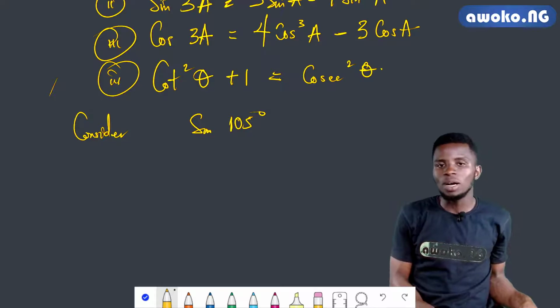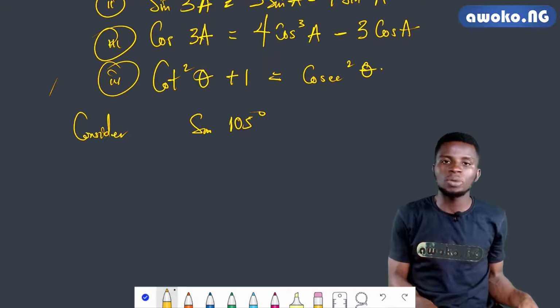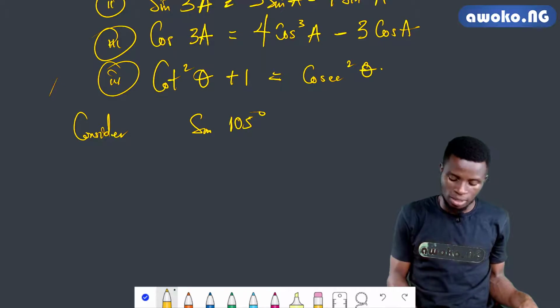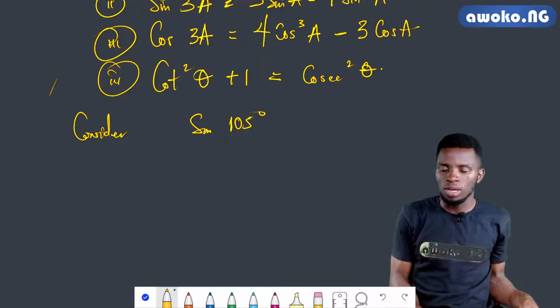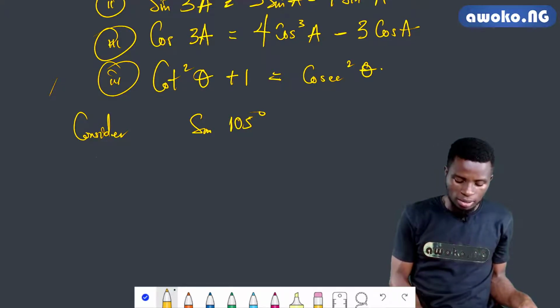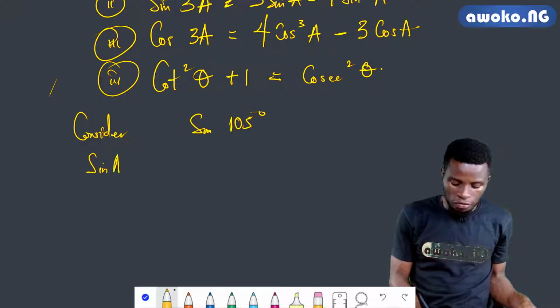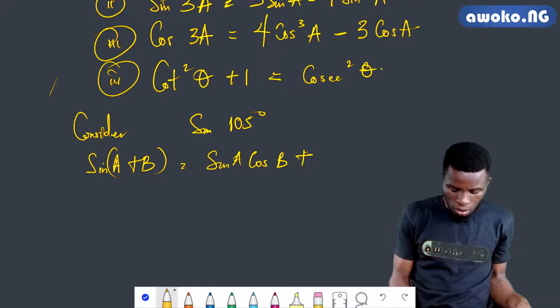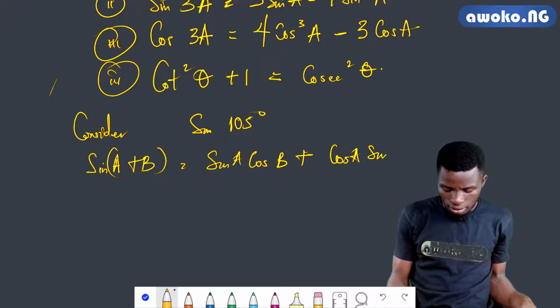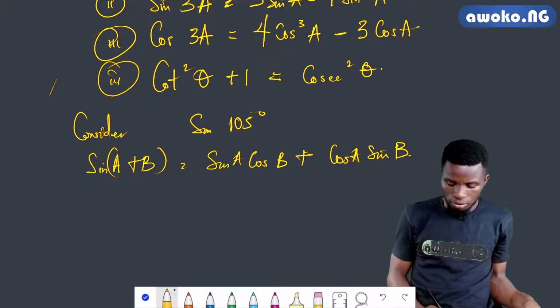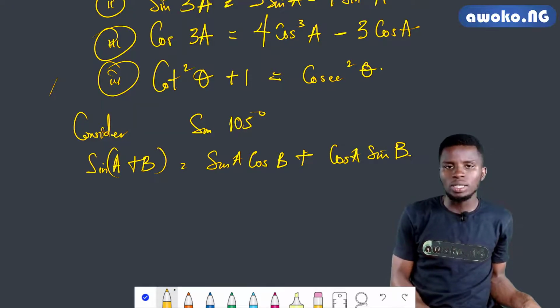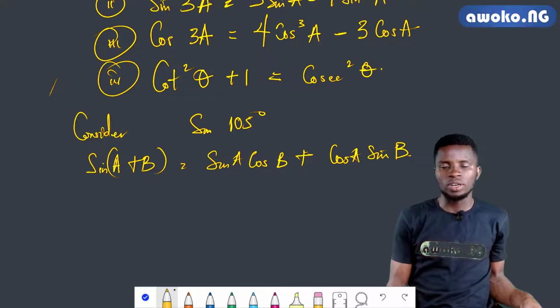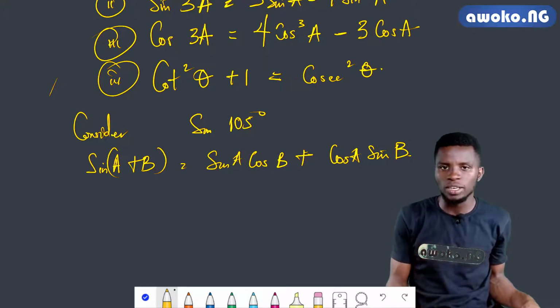In the sum and difference of trigonometric functions that we discussed in our last class, I made mention of this relation, which takes the form sine (A plus B) equals sine A cos B plus cos A sine B. So how do we separate 105 degrees into two different angles?